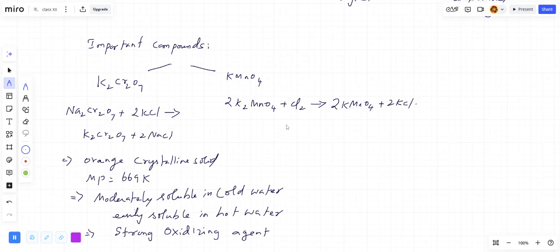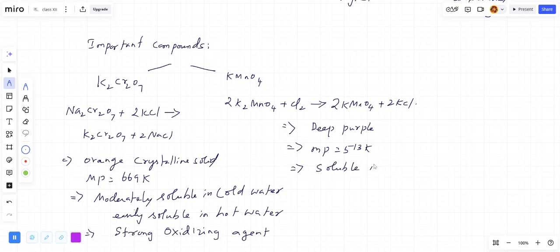Similarly, potassium permanganate is a deep purple crystalline compound, and its melting point is 513 Kelvin. It is moderately soluble in water at room temperature, but easily soluble in hot water.